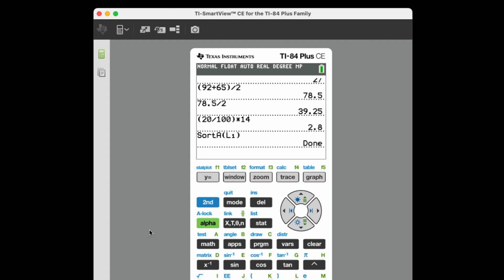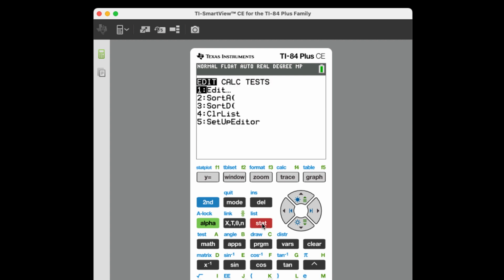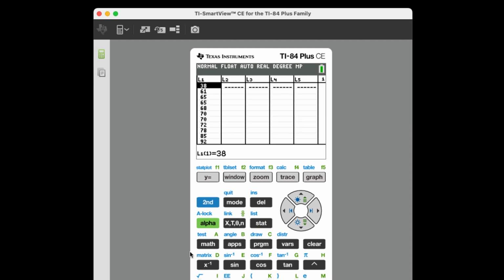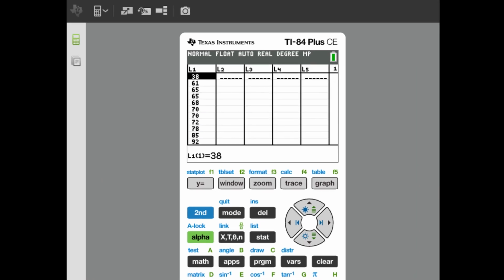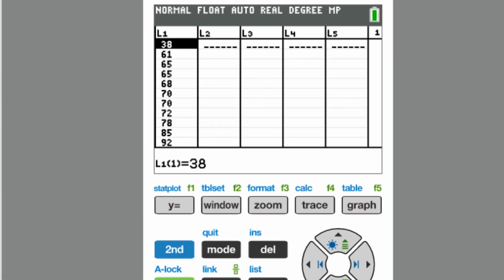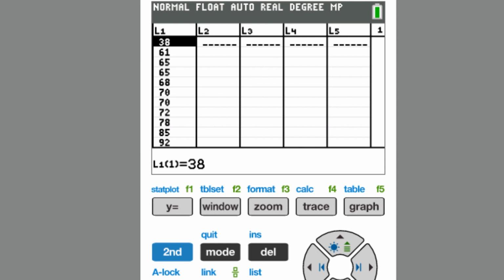So what do you guys do now? You got to go back to the list because now it's sorted. How do I get to the list? Stat, edit, edit. And now take a very close look. I've sorted my data. What's the locator number?